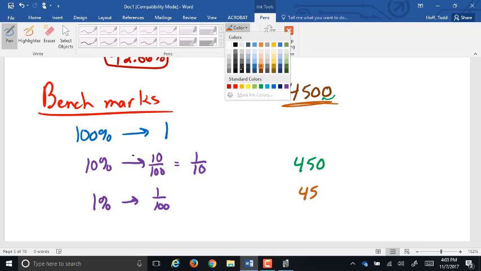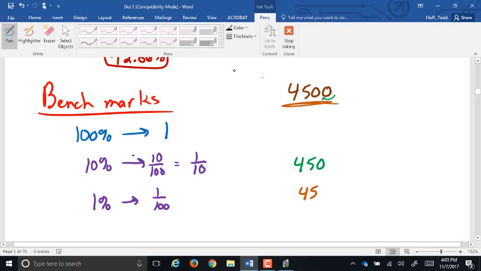Now, there are other benchmarks we could talk about, and it all depends on how easily mental math comes to you and how simple the number is to work with. For 4,500, 50% might not be that easy, dividing it by 2.